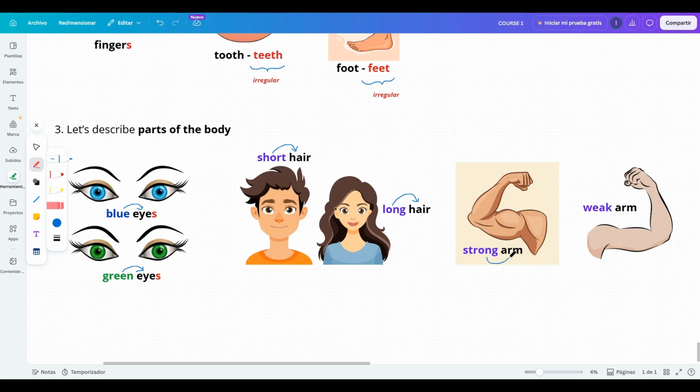So we've got blue eyes, green eyes, short hair, long hair, strong arm, weak arm. Yes, blue eyes, green eyes, short hair, long hair, strong arm, weak arm.